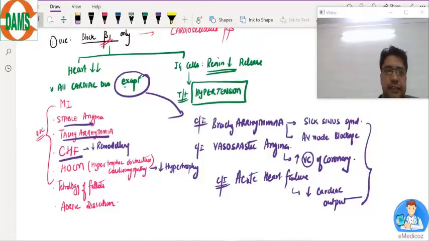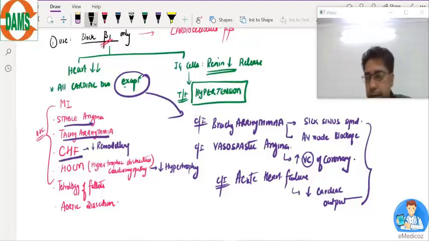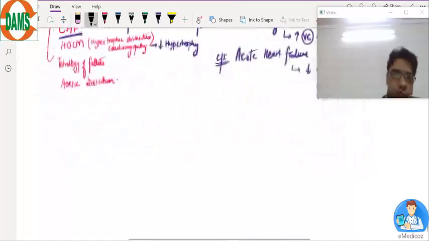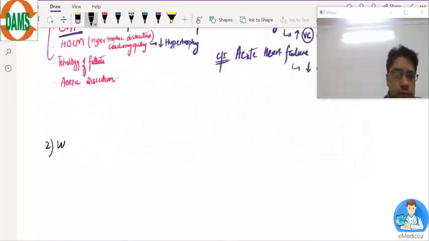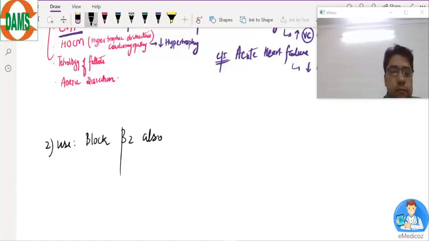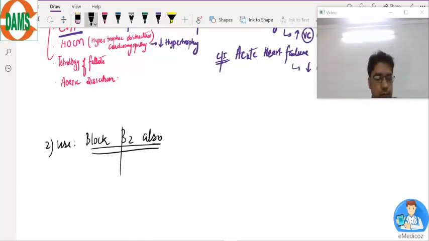Second point is when you want to block beta 2 also. Beta 2 causes vasodilatation of coronary artery.